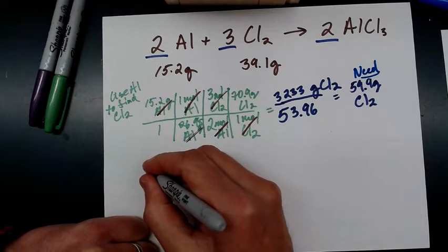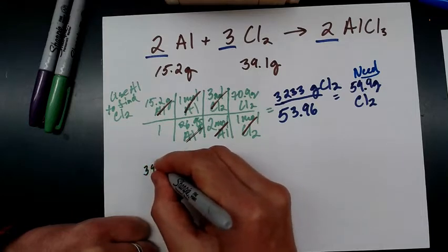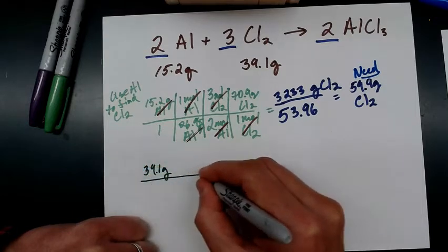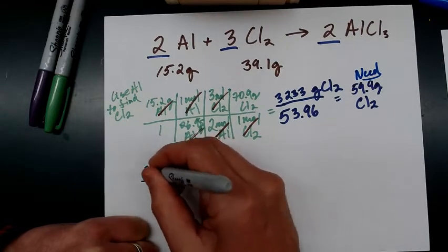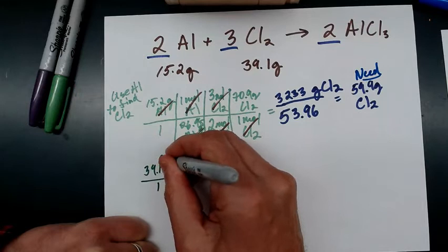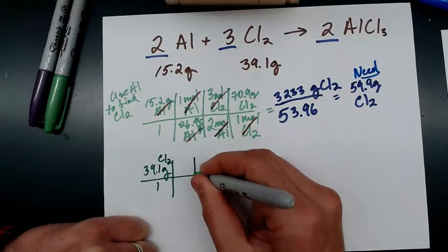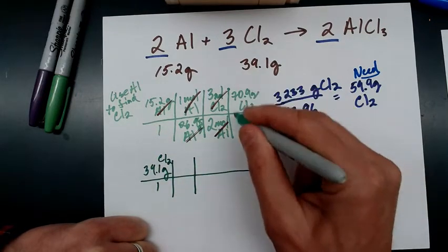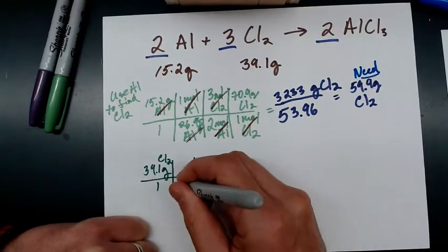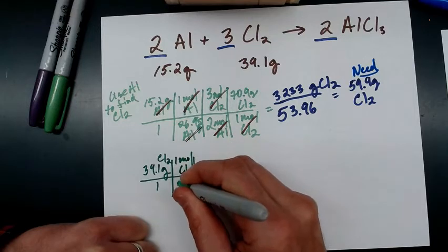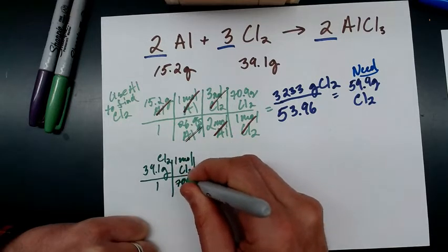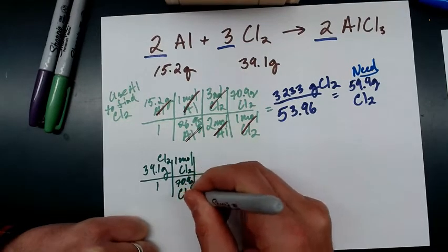So let's use my 39.1 grams of Cl2. I'm going to use this last column here, which is the molar mass of Cl2. So I'm going to say 1 mole of Cl2 is 70.9 grams of Cl2.